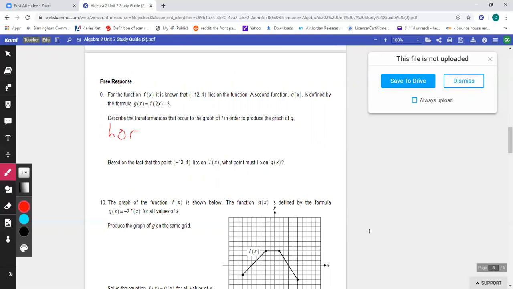So this is a horizontal compression by a factor of 2. And then this is going to go down 3 units.